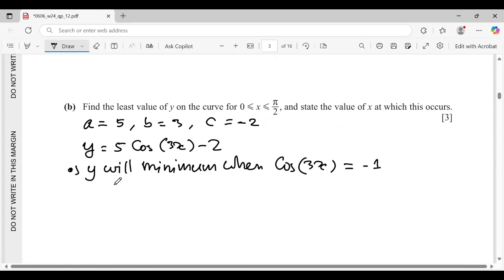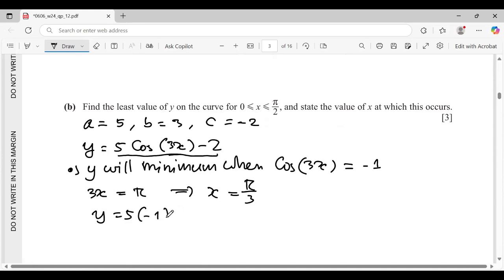So it means 3x equals pi based on this expression. If 3x equals pi, then x equals pi over 3. And about y, y equals 5 times the minimum, minus 1, minus 2, and it is minus 7.